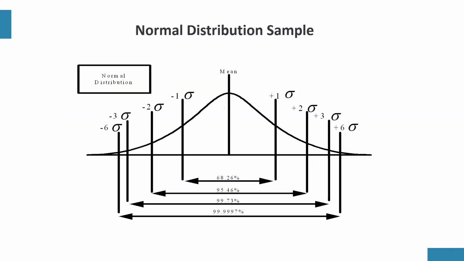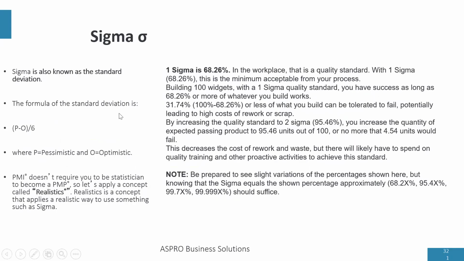So that's what the normal distribution curve looks like. But why is it important? It's important because we're going to use the standard deviation, sigma. And sigma is given by pessimistic minus optimistic divided by 6.